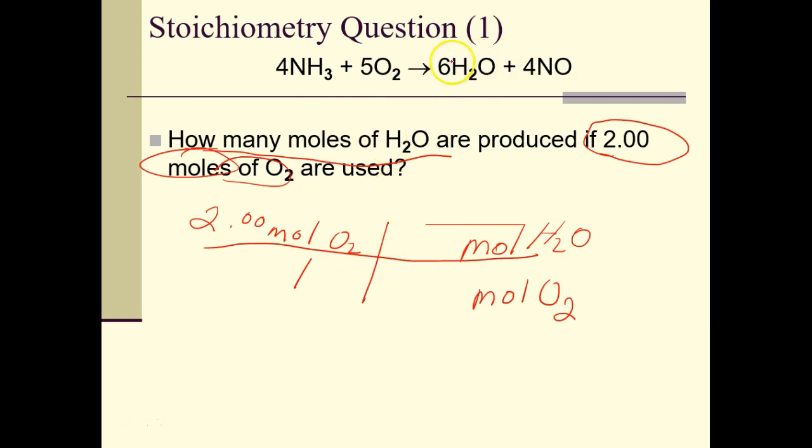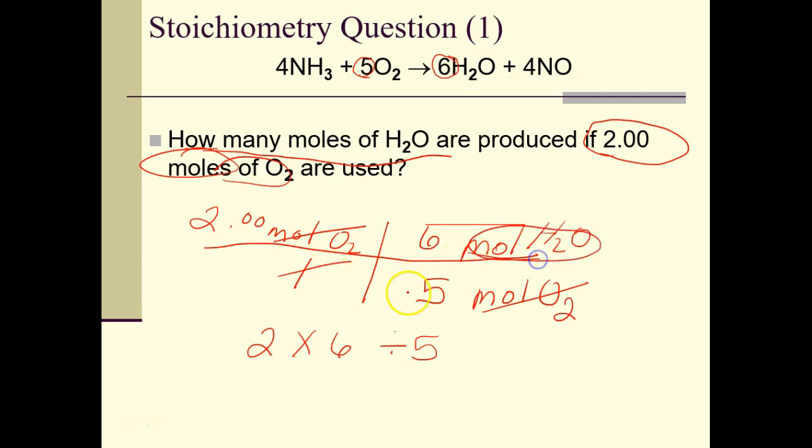I'm going to look right here. 6 is water and 5 is oxygen. So I put 6 and 5, and I multiply across and divide by the bottom. In our calculator, it looks like 2 times 6 divided by 5. The moles of oxygen are going to cancel out, the 1 is going to cancel out, and we're going to be left with moles of water.